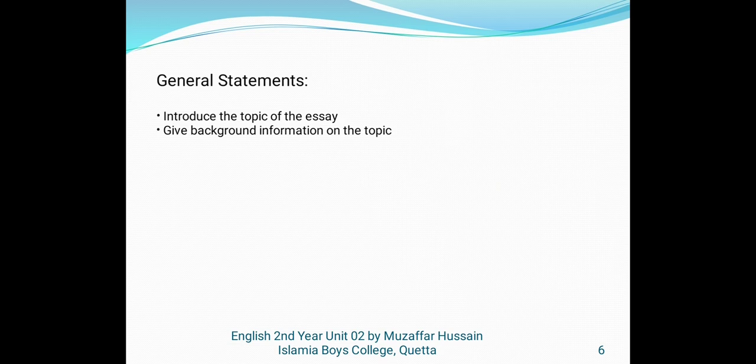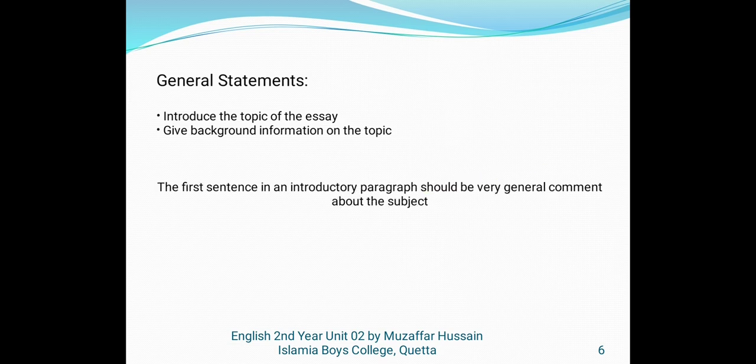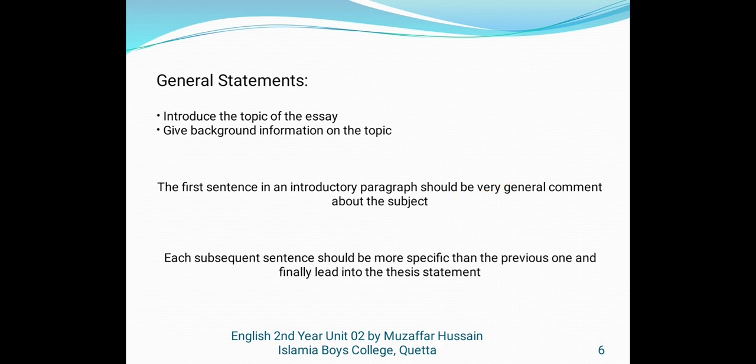Give background information on the topic. The first sentence in an introductory paragraph should be a very general comment about the topic. Each subsequent sentence should be more specific than the previous one, and finally lead into the thesis statement. The general statements funnel the ideas down to the thesis statement.